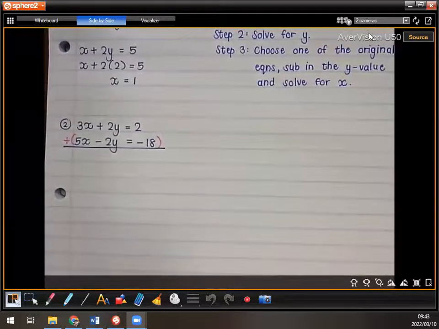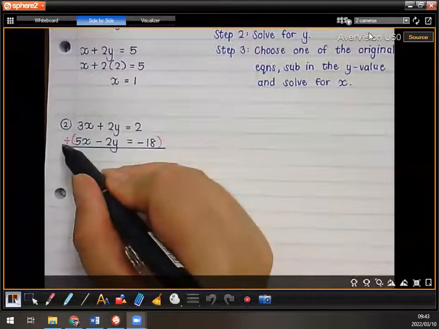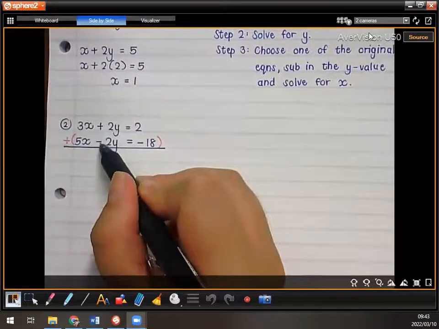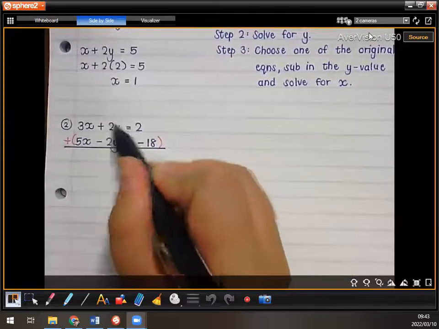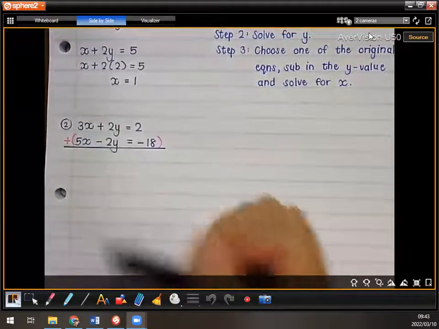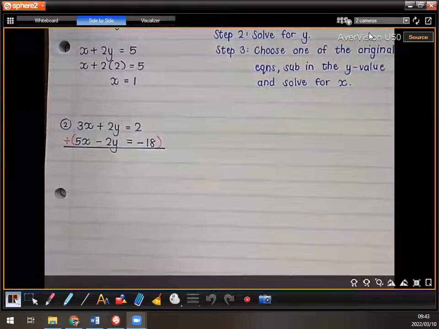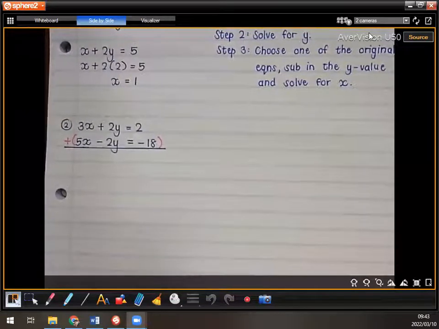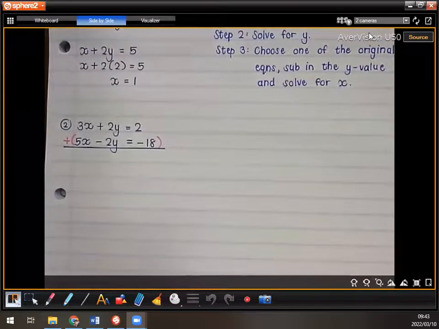That's what we're doing. Right? 2y plus minus, what's a positive times negative? A negative. 2y minus 2y is 0. Okay, so if the coefficients are already canceling each other out, you're actually just adding the second one to the first one. All right, we don't have to change any signs.